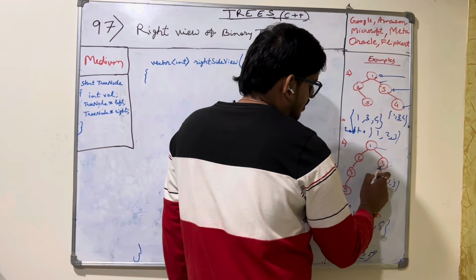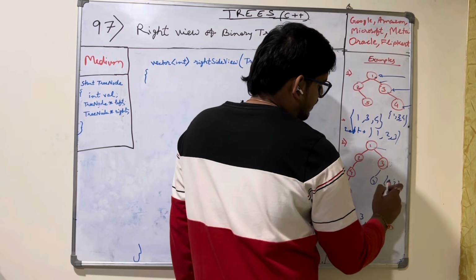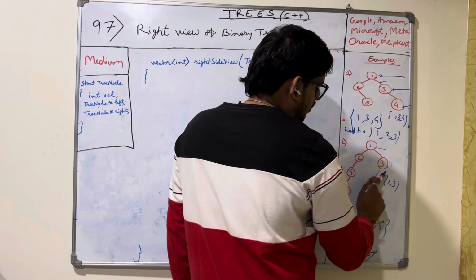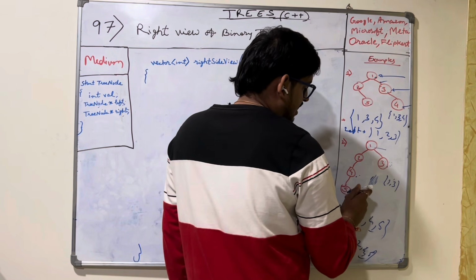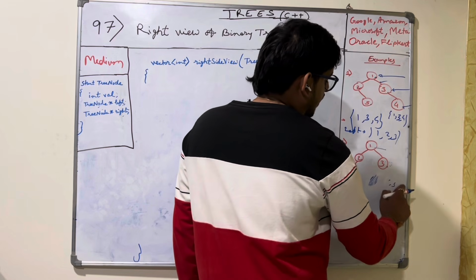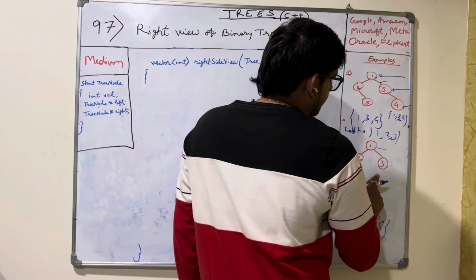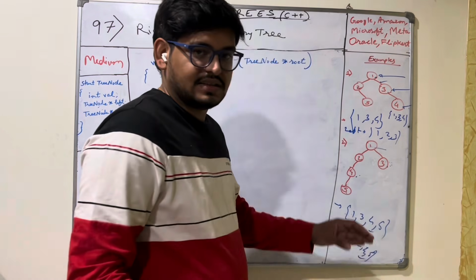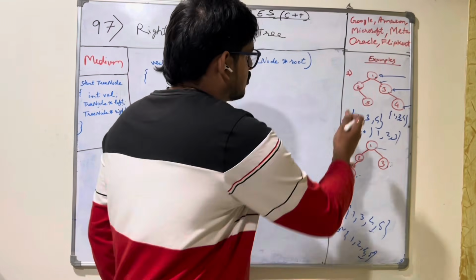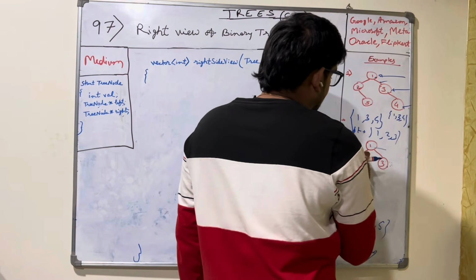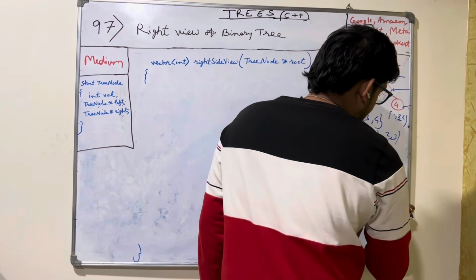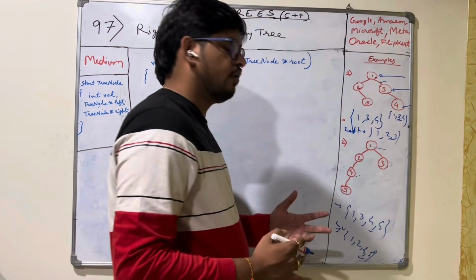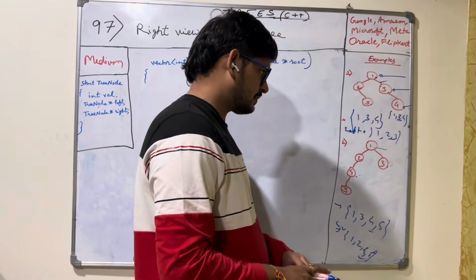If there had been a left, we could have gone there, because right is not there, but no right, no left, and still we can see this part. So just going to the right for right view, and if it doesn't exist, going to the left, will not solve our problem, because on the other left side there could be something which we won't be able to traverse here. So how do we solve this?